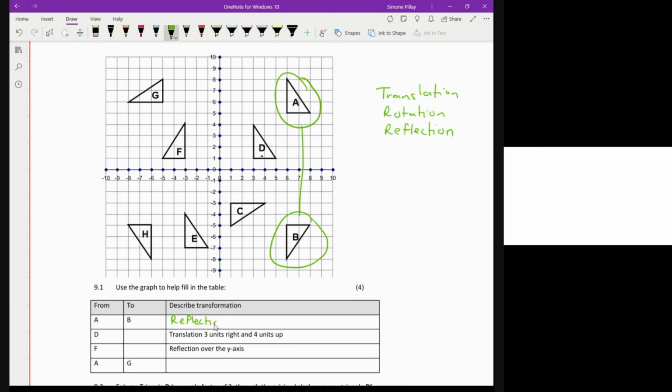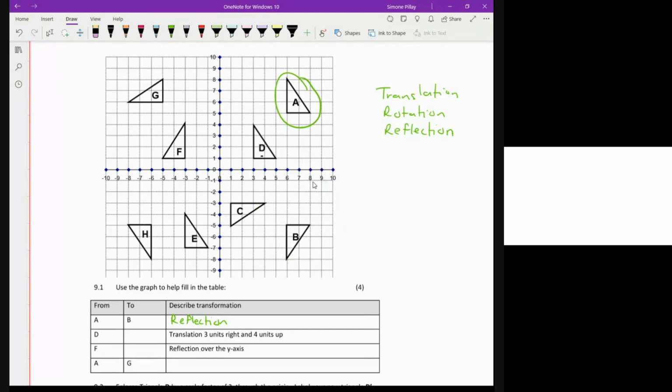So if we're going from triangle A to triangle B, we have literally reflected this. Think about if a mirror were here and you would place the mirror here. I don't know if you guys have ever done this activity. I remember it really helped me think about symmetry and this topic of transformation, where if you put a mirror on something and you look through the mirror, it's literally a reflection, and that is what is happening over here.